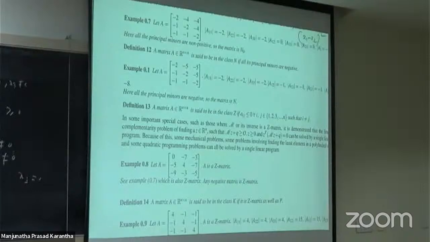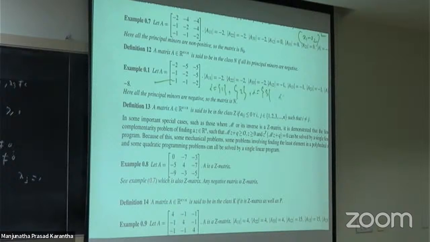Then next is this one. If you calculate all the principal minors, what are the principal minors? The entries are negative.